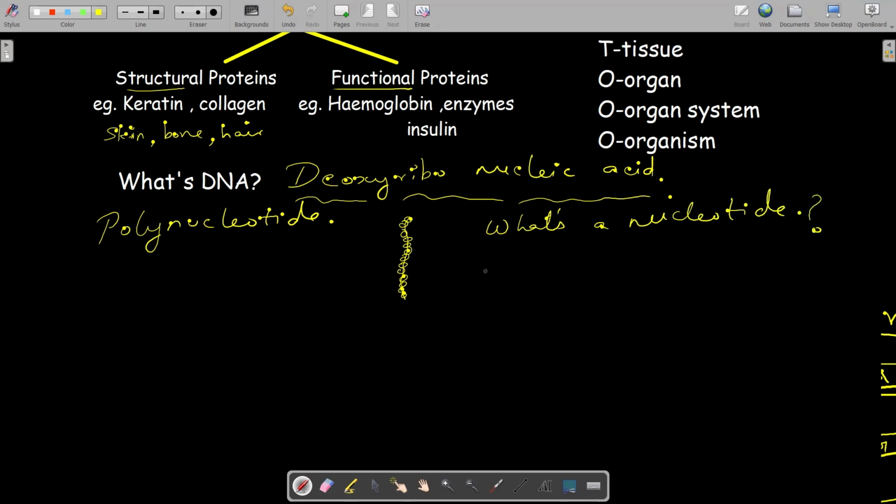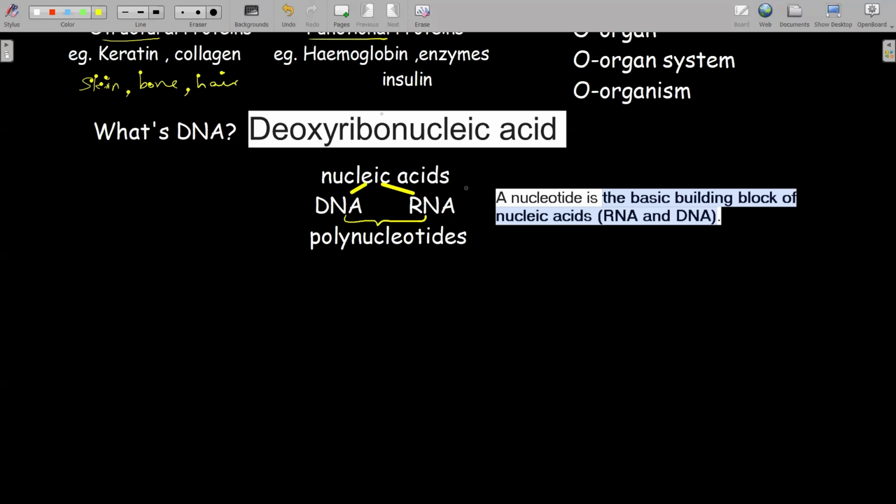If we have lots and lots of nucleotides, we can make lots and lots of nucleic acids. Mainly there are two nucleic acids, DNA and RNA, and both of them are polynucleotides. A nucleotide is the basic building block of nucleic acids.